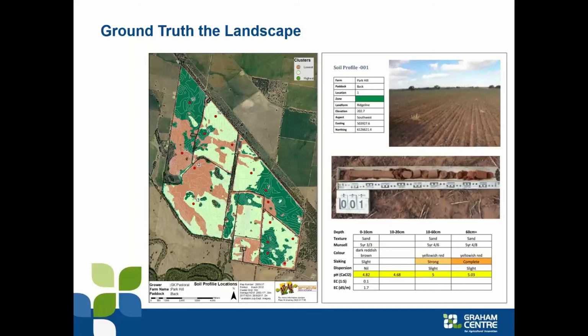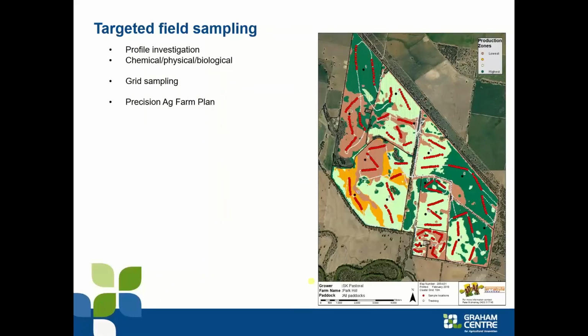It can then give a much more informed analysis of where we need to be going out and doing more detailed investigations. And when we do those detailed investigations, it might be that we are just going out on a zone basis. So in this case, we're going out and taking our 30 or 40 subsamples within each zone to come up with an assessment for the zone characteristics.